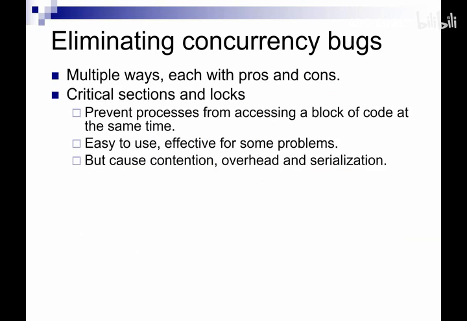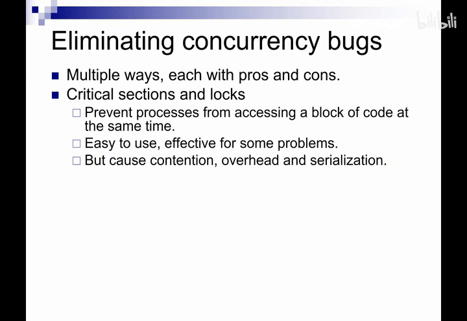The first one, which is something we talked about last time, is critical sections or locks. Both critical sections and locks only let one thread do something at a time. The difference is that for the critical section, you're saying there's some block of code which only one thread can access at a time.